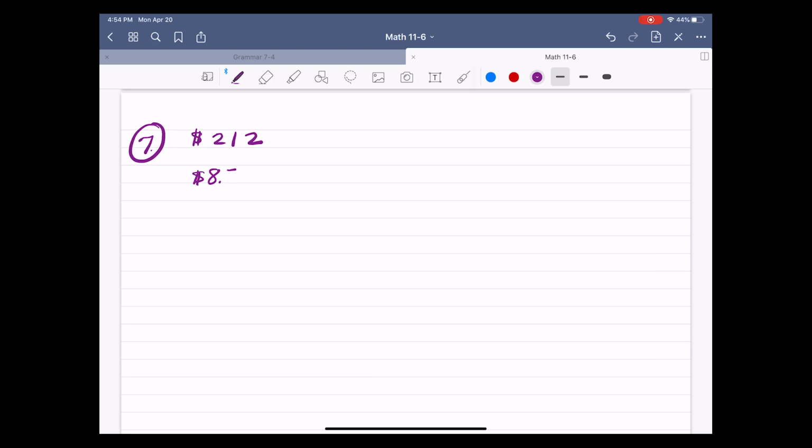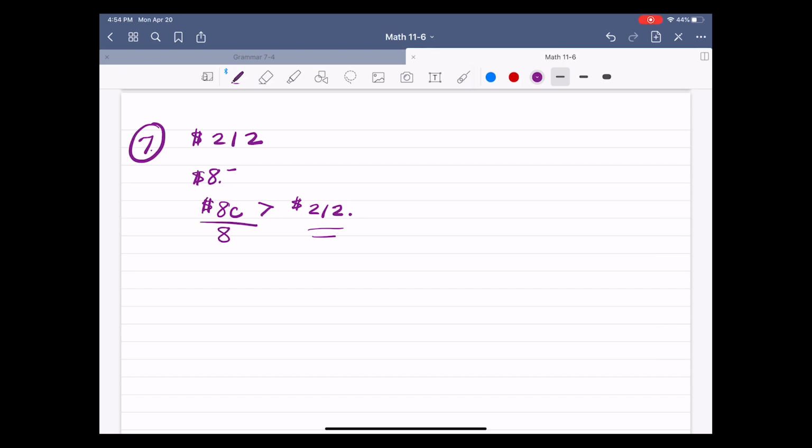So the question is, $8 M, or actually let's call it C for candles. How many candles at $8 is going to be greater than 212? Because she spent 212, those are her expenses. And so she's going to charge $8 each.